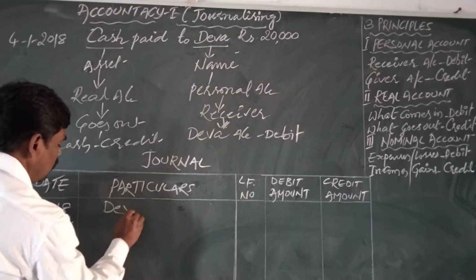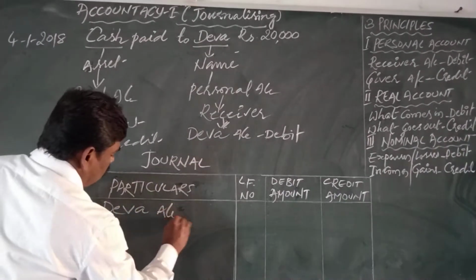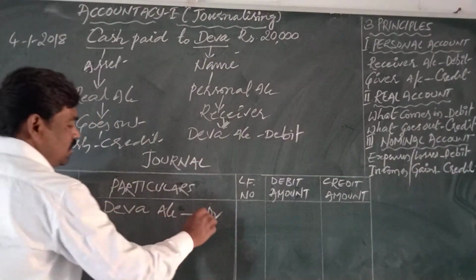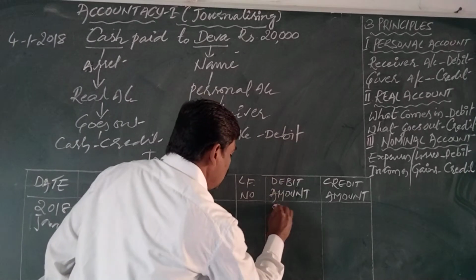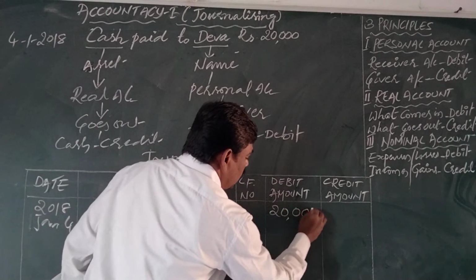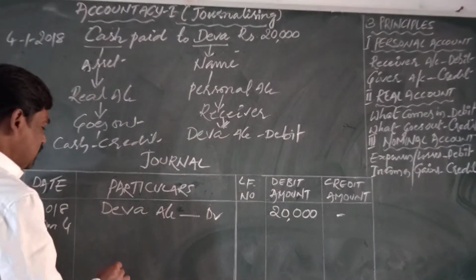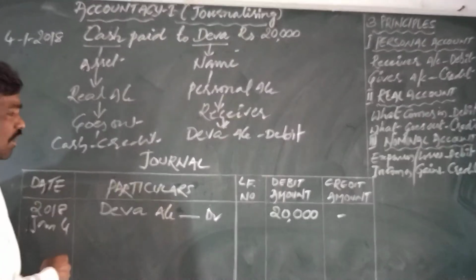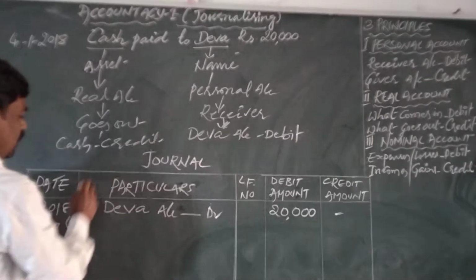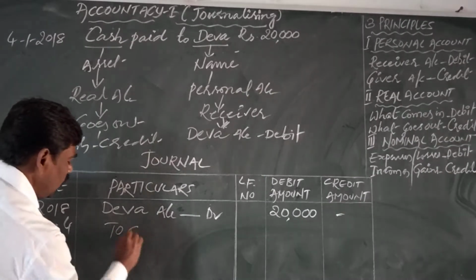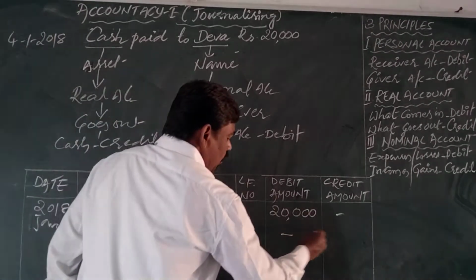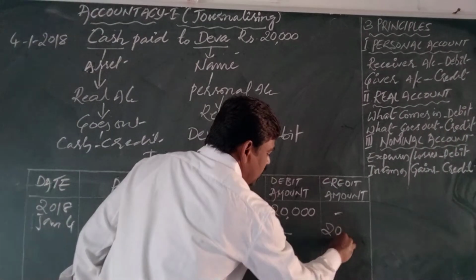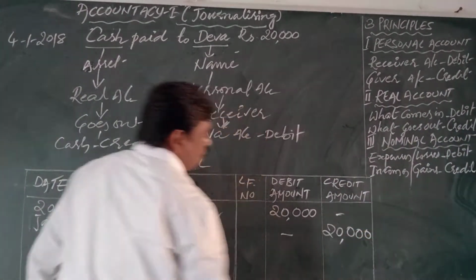So write Deva account debit. Against this account, in the debit column, write the amount of rupees 20,000. Next, credit account. In this transaction, the credit account is cash account. Write here cash account. In the credit column, against this account, rupees 20,000.